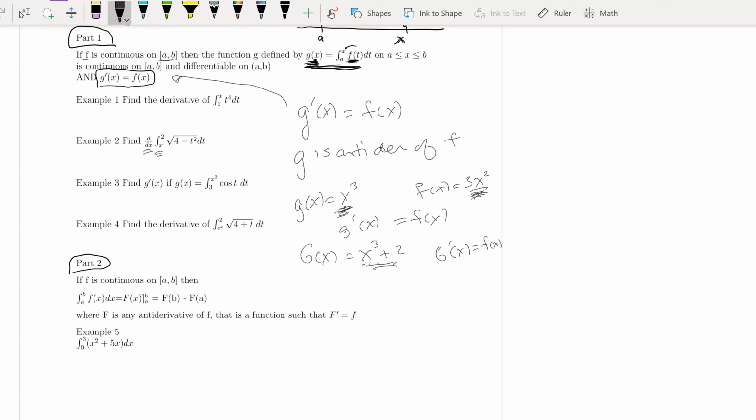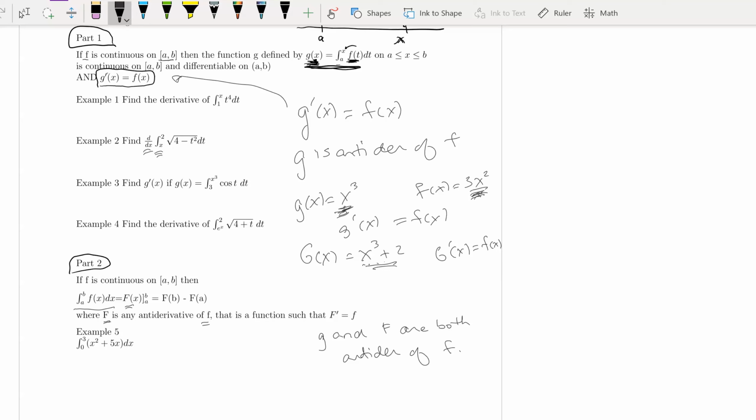So here I have this integral, and I've got this capital F going on. Okay, so let's see what I can do. So I'm going to say, all right, if I know capital F is an antiderivative of f, I already know g is an antiderivative, right? So I have g and capital F are both antiderivatives of little f.